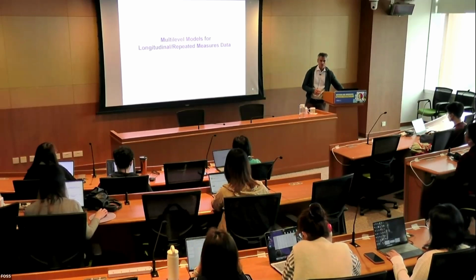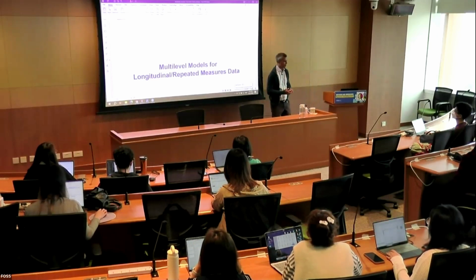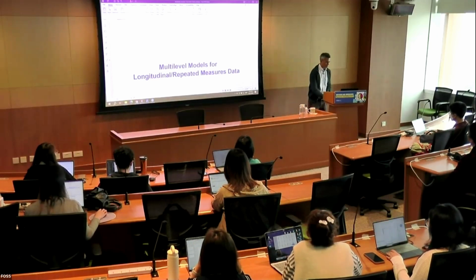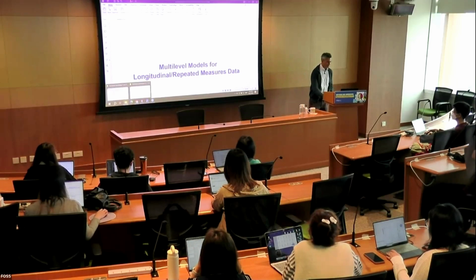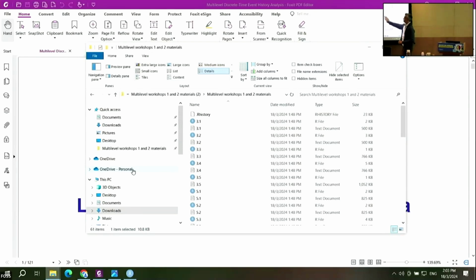Okay, so before I go into the lecture slides, just a reminder about the different files that you would have received. You should all have received a zip folder called Multi-Level Workshops 1 and 2 Materials. Please download it to your computer and extract it.